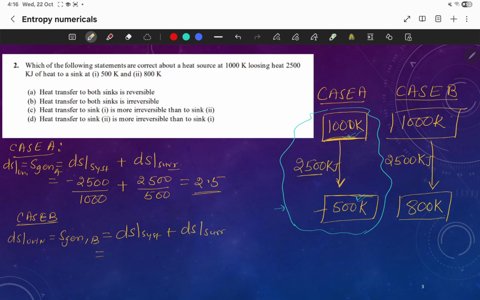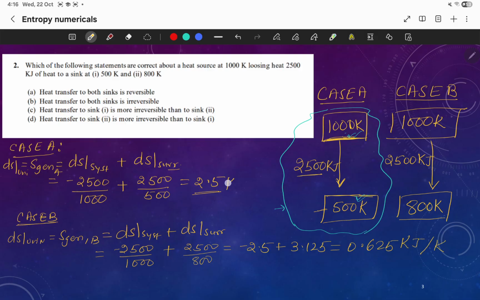Okay, so here what will happen, so this will be minus 2500 upon 1000 plus this will be 2500 upon 800. Okay, so this will be how much, this will be minus 2.5 and this will be 3.125. It will be equal to 0.625. Okay, and keep the unit in mind, this is kilojoule per Kelvin, this is kilojoule per Kelvin.